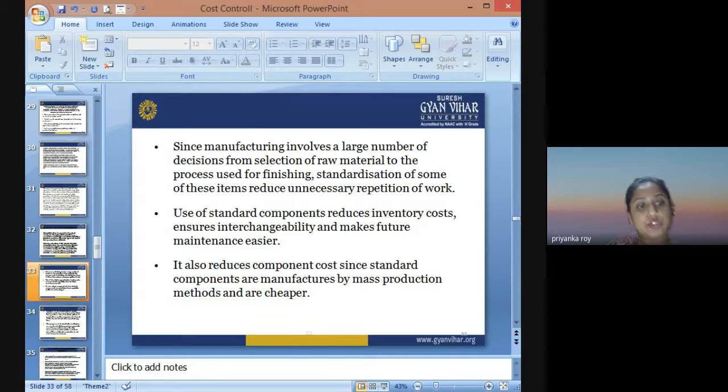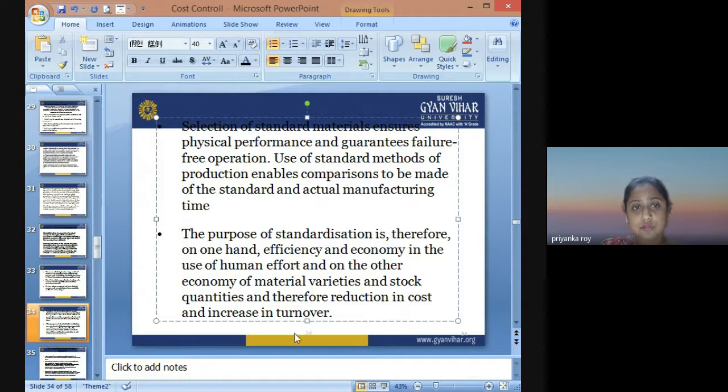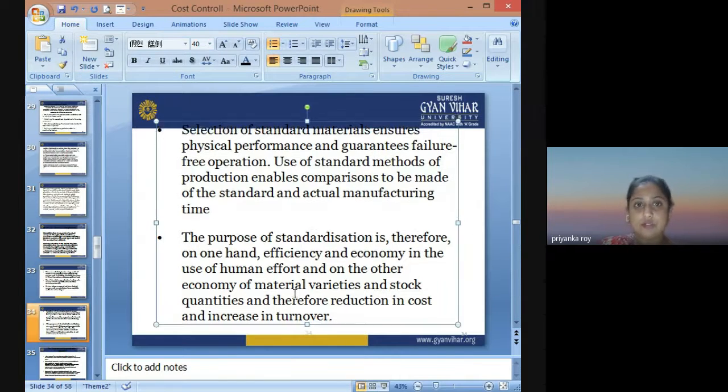It also reduces component costs, since the standard components are manufactured by the mass production method and are cheaper. Selection of standard material ensures physical performance and guarantees failure-free operations.